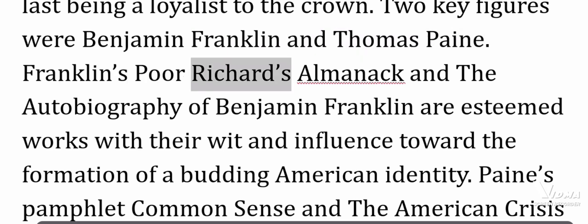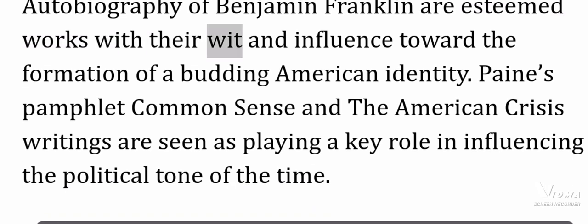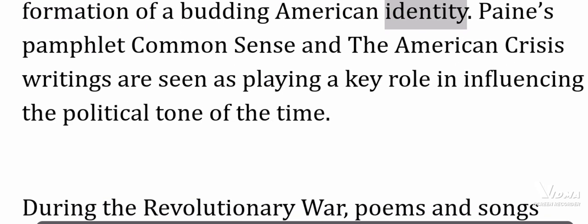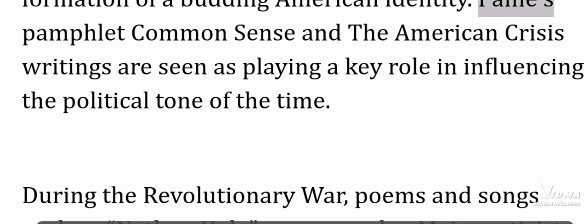Franklin's Poor Richard's Almanac and the autobiography of Benjamin Franklin are esteemed works with their wit and influence toward the formation of a budding American identity. Paine's pamphlet Common Sense and the American Crisis writings are seen as playing a key role in influencing the political tone of the time.